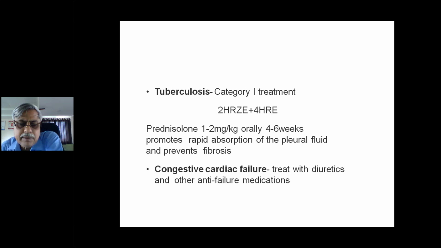In case of pulmonary tuberculosis, we'll deal in detail later. So 2 HRZE and of course 4 HRE, that is rifampicin, isoniazid, and ethambutol for 4 months, if it is tuberculous pleural effusion. And you can also give prednisolone 1 to 2 milligrams per kg body weight for about 4 to 6 weeks.